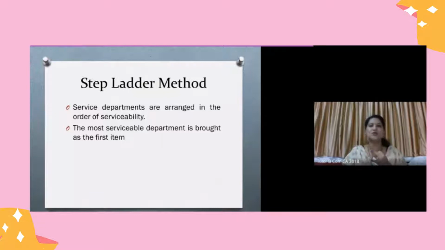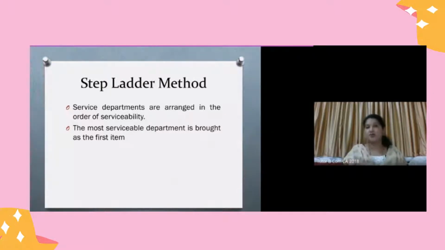So there are two things you have to remember. First, the reapportionment of the overhead expenses of service departments will happen like a step, because you are arranging them in the order of serviceability. Second, the overhead expenses of the service departments will be arranged in the order of serviceability.